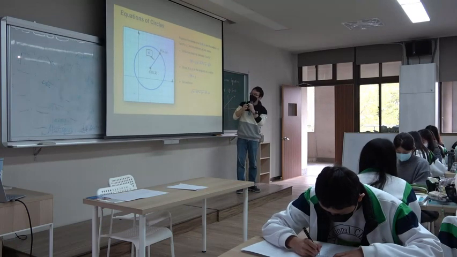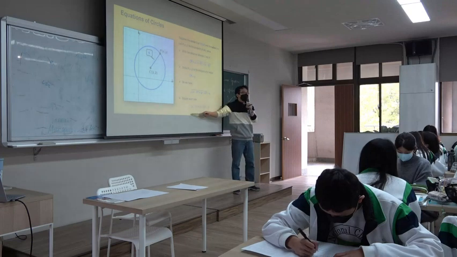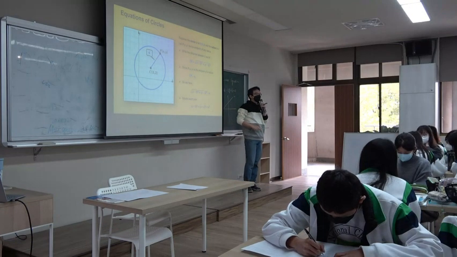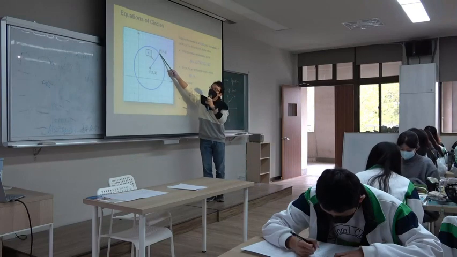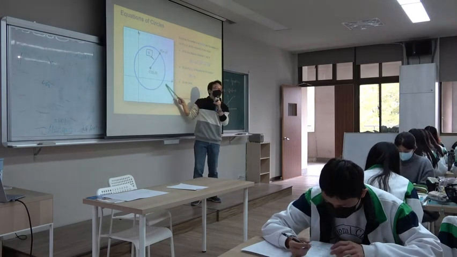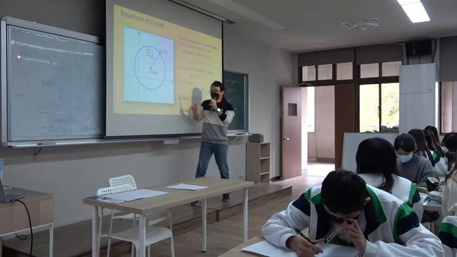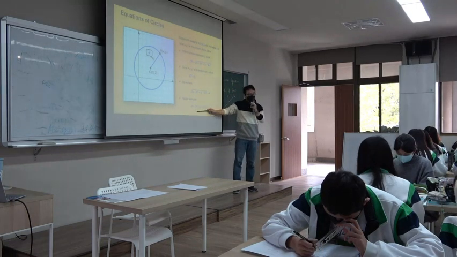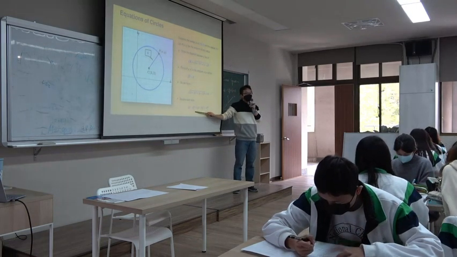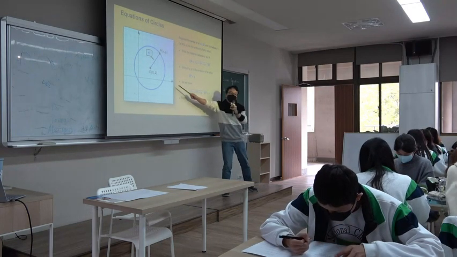Okay, and we square each side. We have this equation. Okay, so that is if P is the point on the circle, no matter where it is, it has to satisfy this equation. Okay, so this is the equation of this circle.